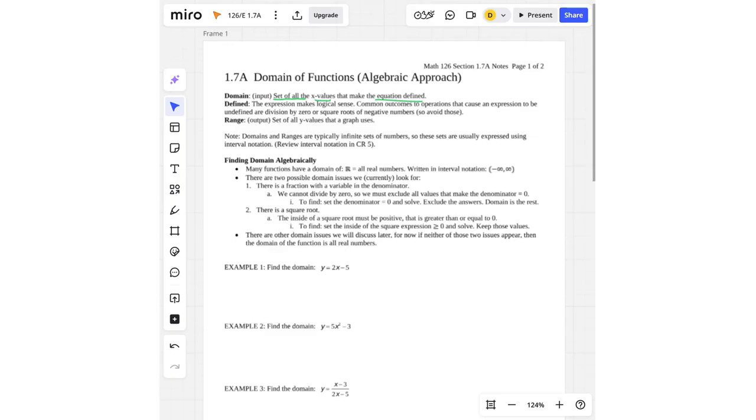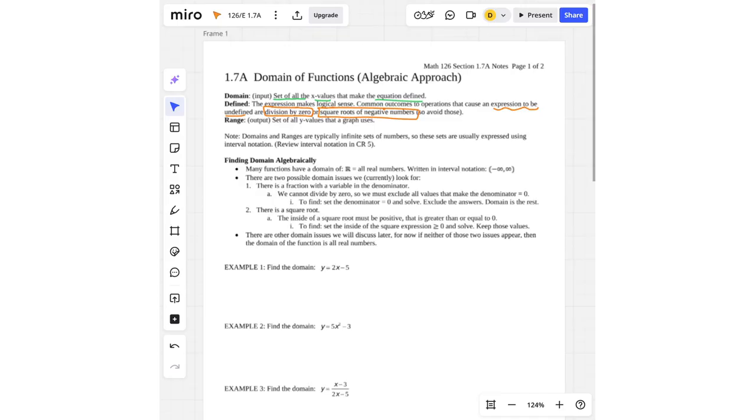And if you go back to the 1.2 video, I talked about some common operations that cause an expression to be undefined. Those two common operations are division by zero or square roots of negative numbers. And I talked about in section 1.2 why those don't make logical sense, so you can go back and check that out.